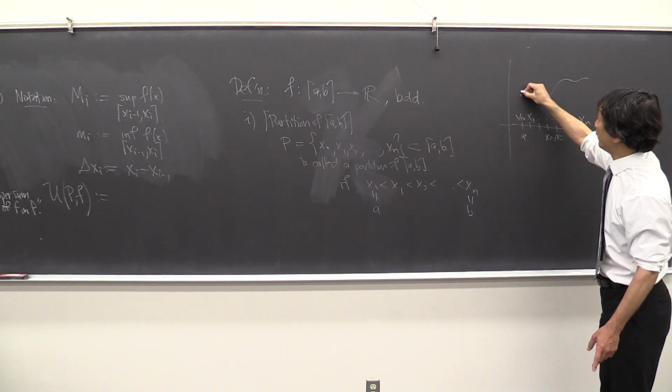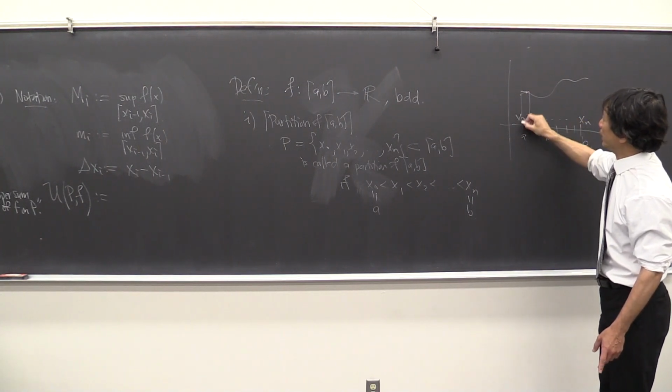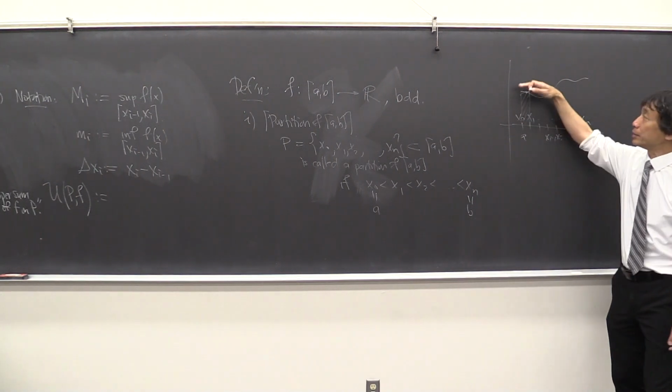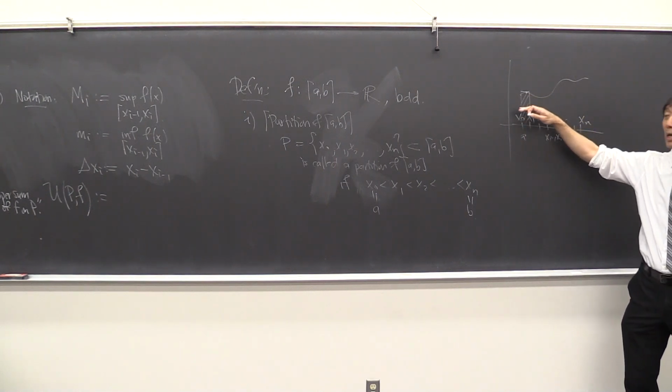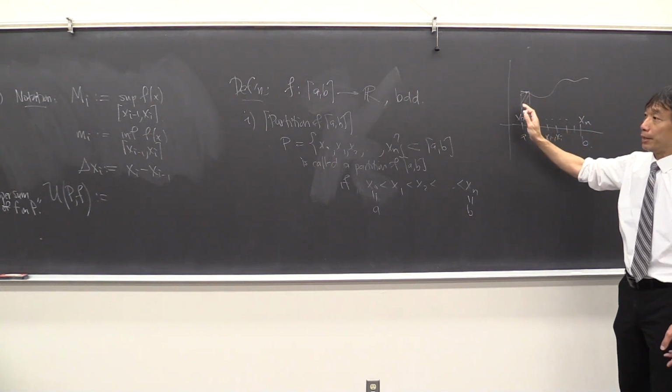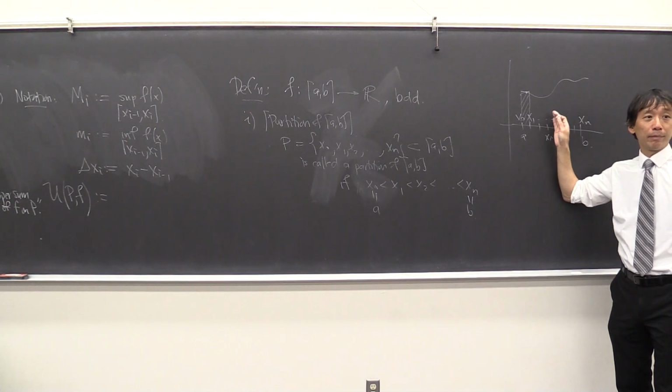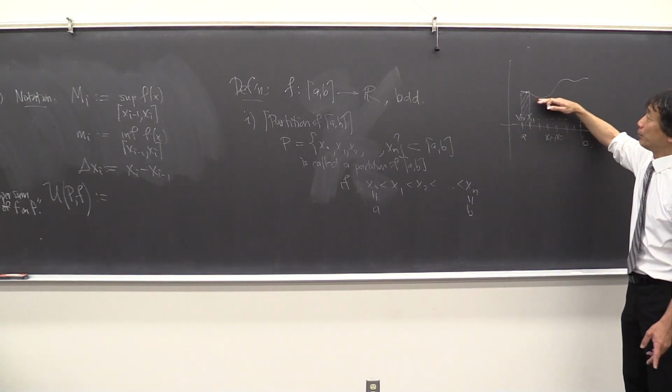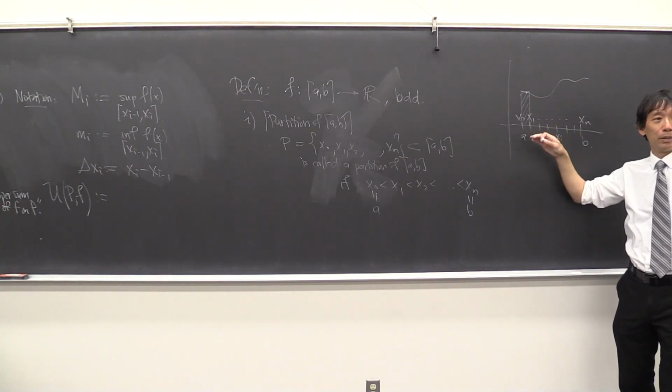So you take the maximum value, multiply by the width of the base, and you get the area of this dominating rectangle here. Then you add all those things together, and that's called the upper sum. And then you do the same thing below, and you call that the lower sum.